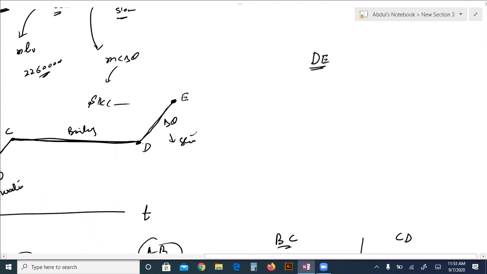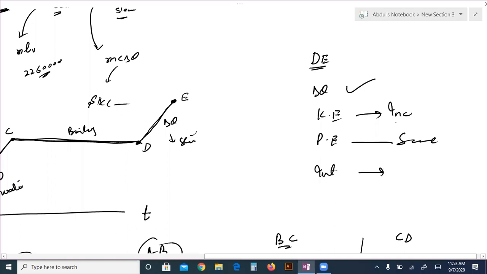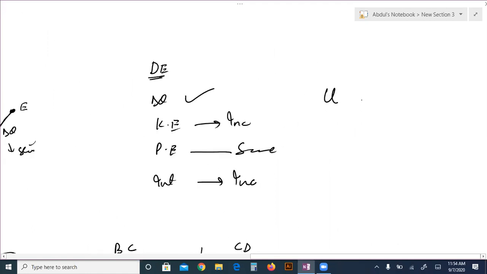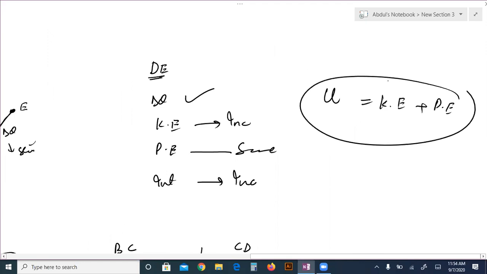Look, change of temperature, so kinetic energy of the steam increases, potential energy remains the same, no increase. So the internal energy due to kinetic energy increases. The reason behind this is that internal energy is the sum of kinetic and potential energy, which we have done in the ideal gas.